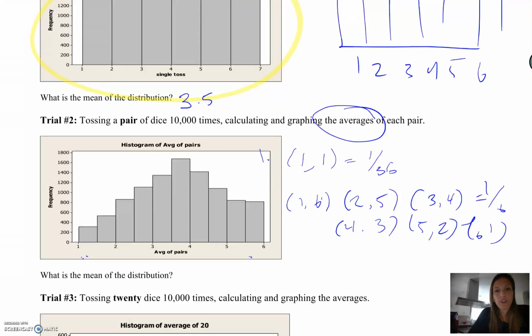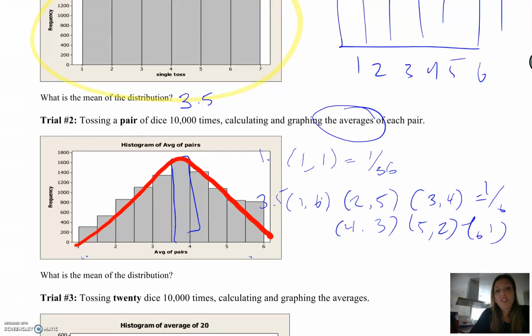So this would be an average of 1. This would be an average of 3.5. You can see 3.5 is the most likely thing, happening approximately a sixth of the time out of these 10,000 times. So hopefully we're starting to see our unimodal symmetric distribution we're always hoping for.